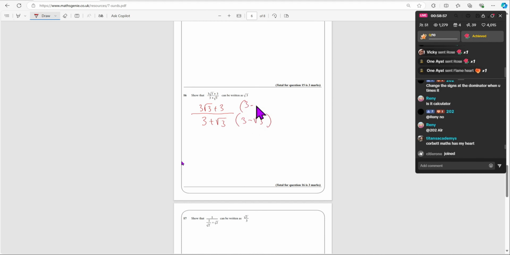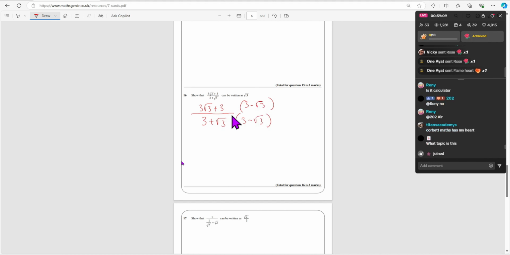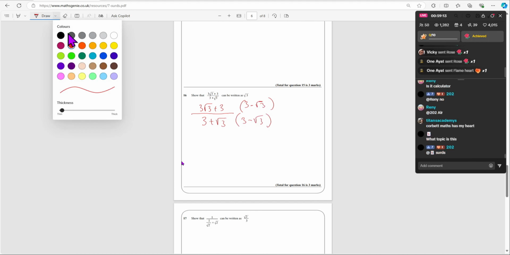We're doing this because we have a number next to the root and want to cancel it out. Then you multiply them together, so I'm going to write them together.